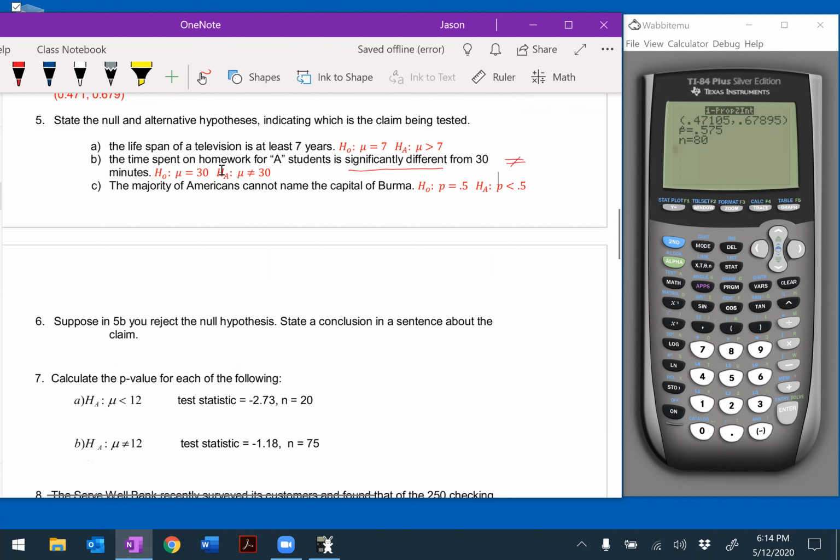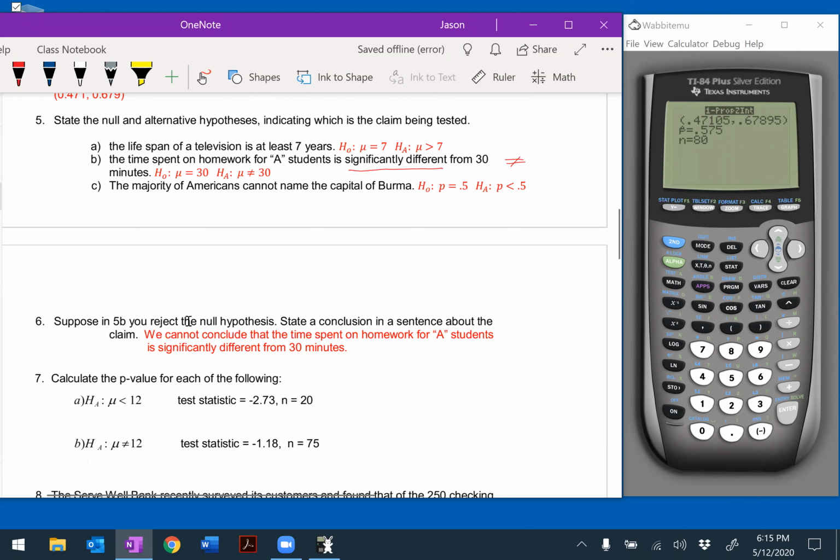So if I reject the null, then the conclusion is that homework for A students is significantly different, that there is sufficient evidence to support that the amount of time spent on homework for A students is different than 30 minutes. Okay, so let's see how that's stated.